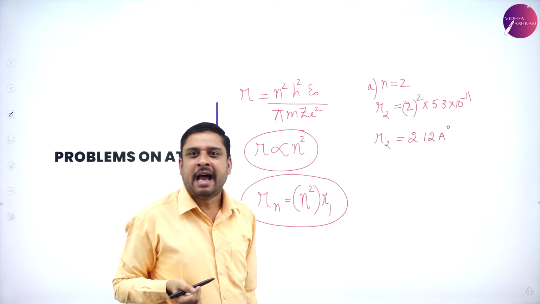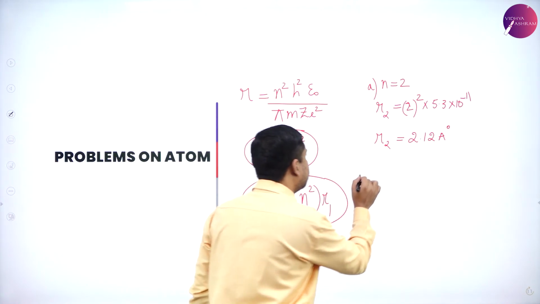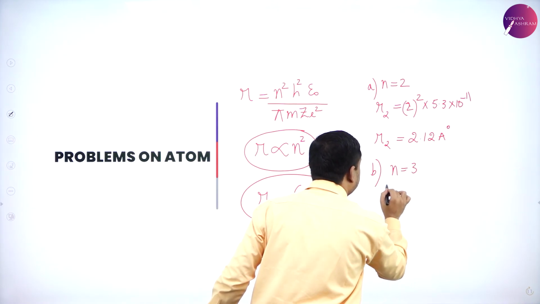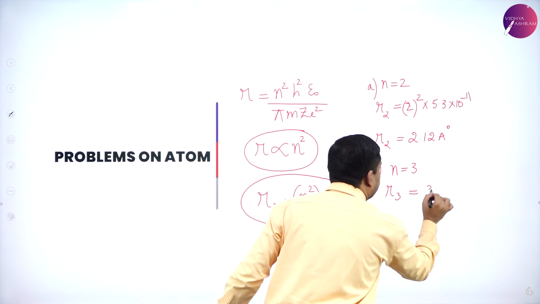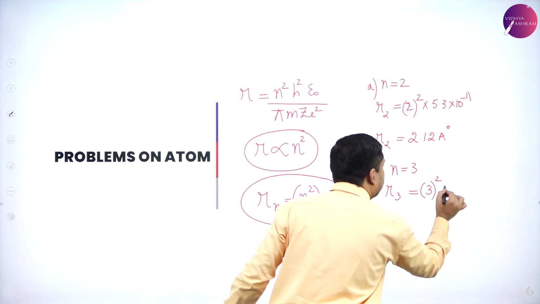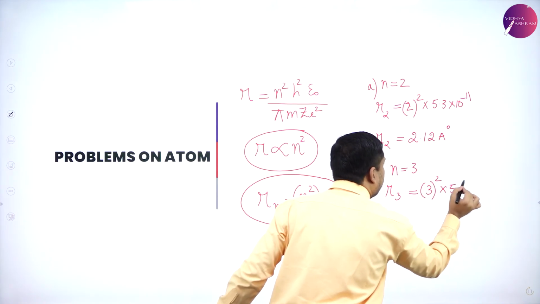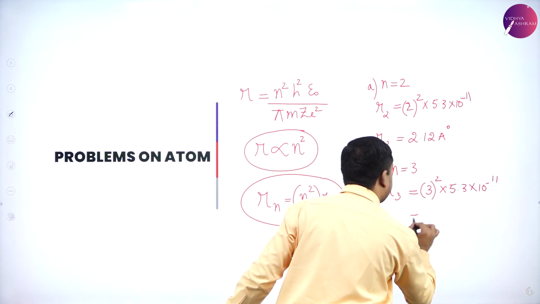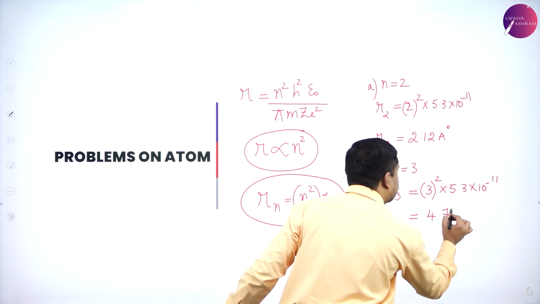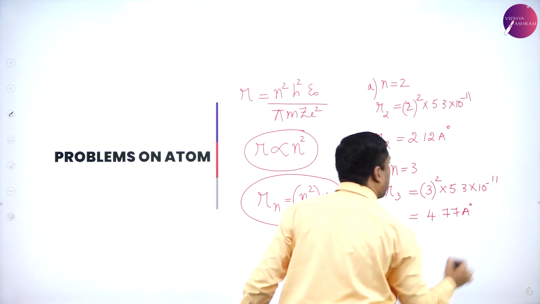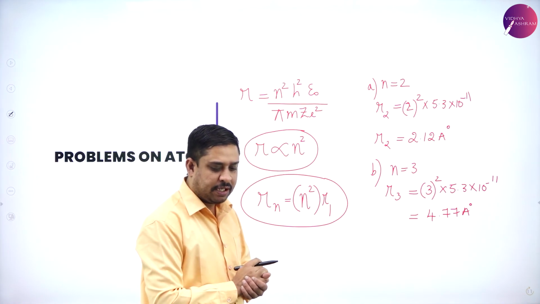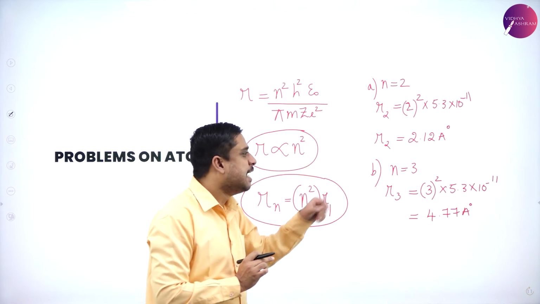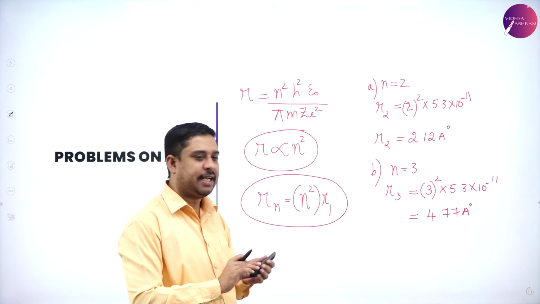With a simple expression, I have arrived at the result. Similarly, the radius of the third orbit, R3, is 3 square into 5.3 into 10 power minus 11, which is 4.77 angstrom. So if you observe, it is very simple. Just know these relations that will help you all to calculate.